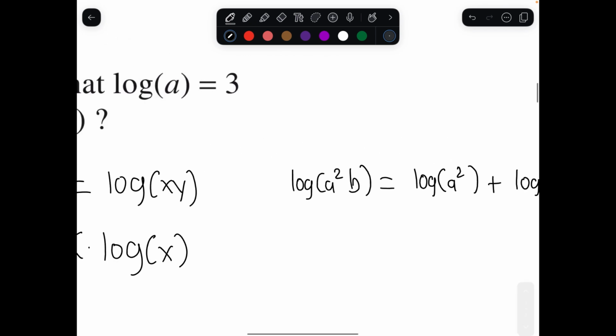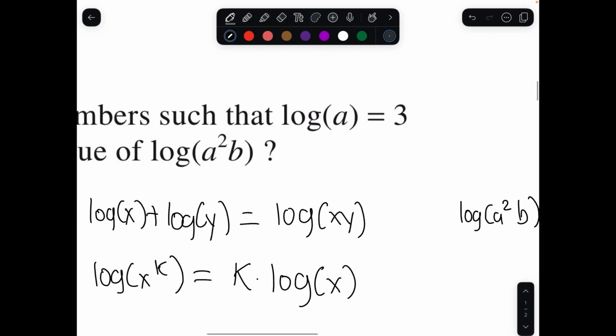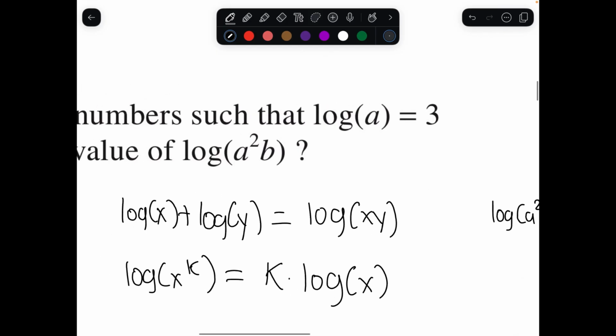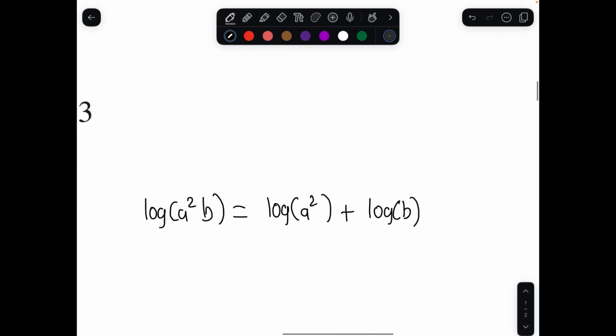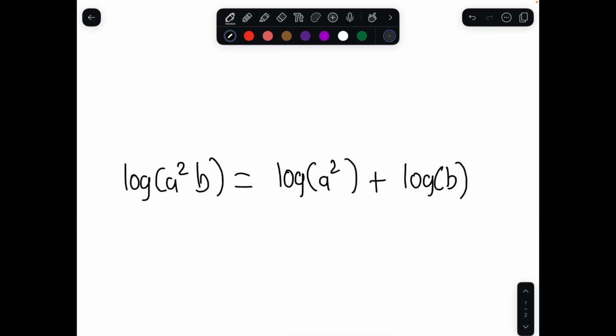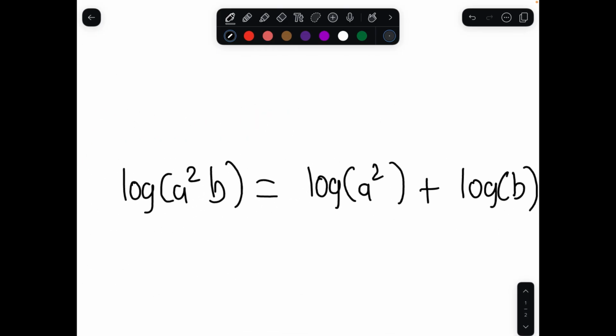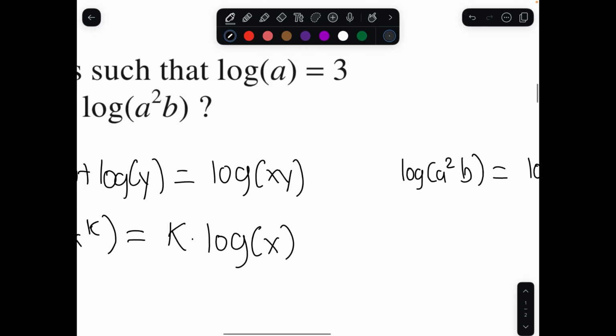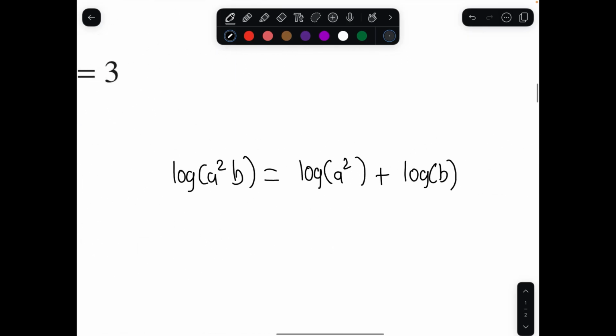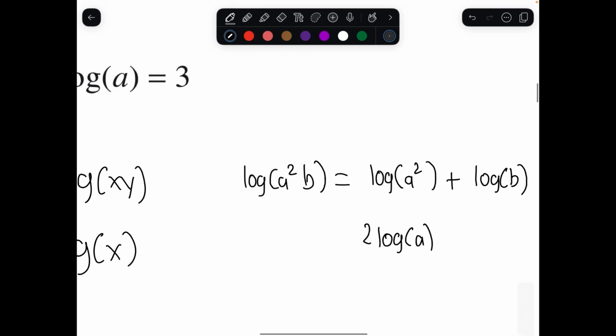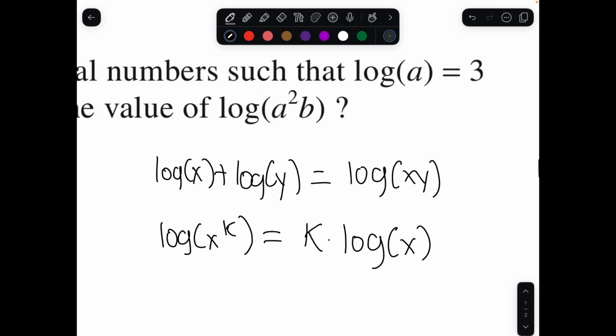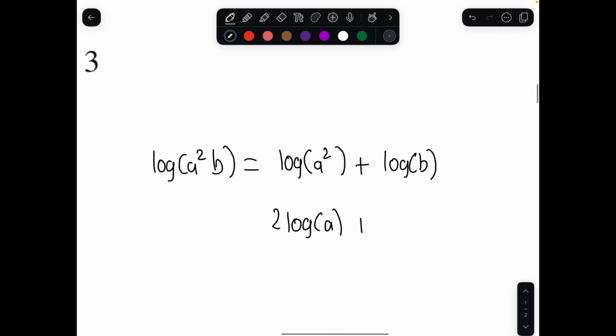Because log xy equals log x plus log y. And now we can break log a squared into 2 log a using the exponent property, because the exponent just goes out in the front, plus log b.